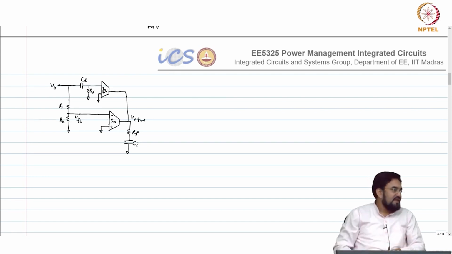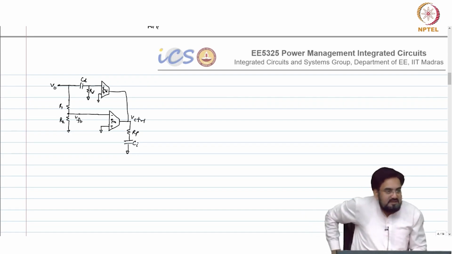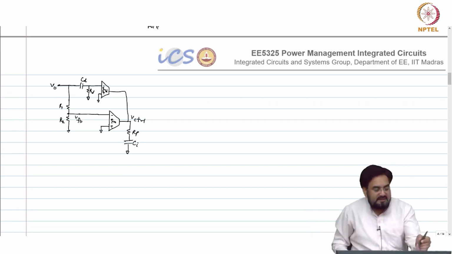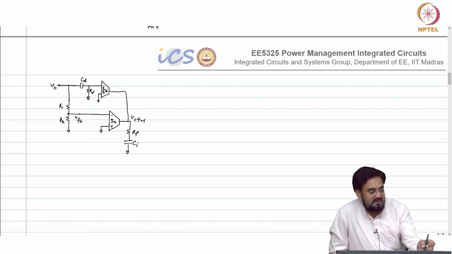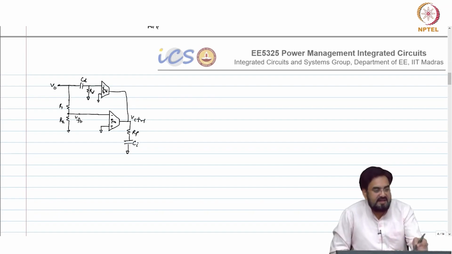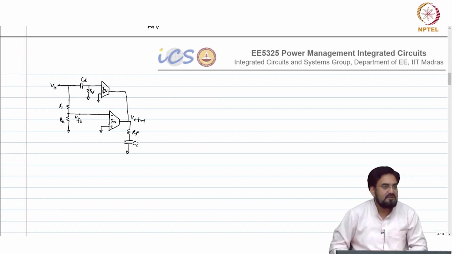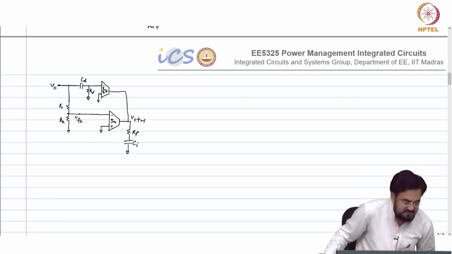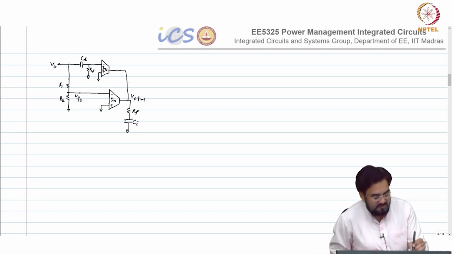RDCD is in my control, so I can choose RDCD in such a way that this pole is pushed outside, and when the derivative component passes through the GM, this will get added here and will give me a 0. You can derive the transfer function of this and find where exactly the poles and zeros are.